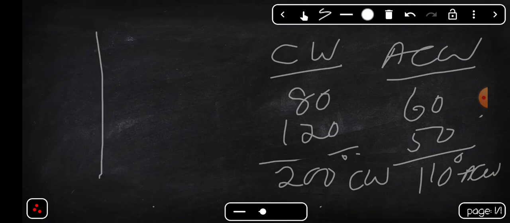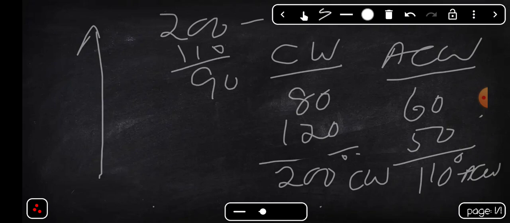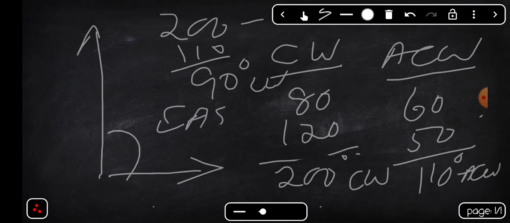This is the man facing north. Now he turned 200 degrees clockwise and 110 degrees anti-clockwise. Which will be the greater one? That means clockwise. 200 minus 110 is 90 degrees clockwise.